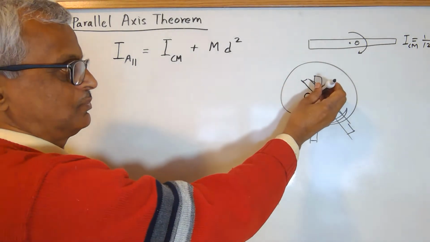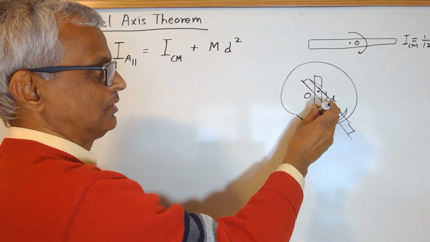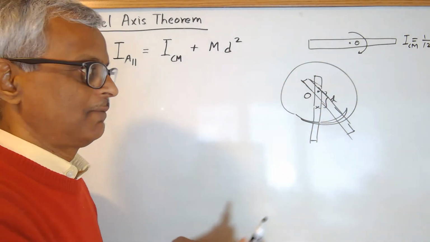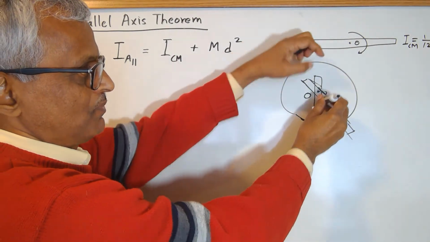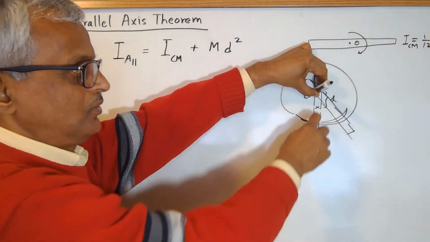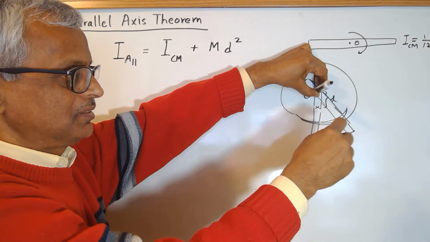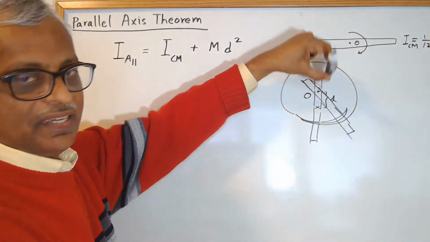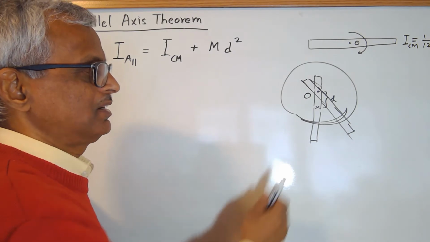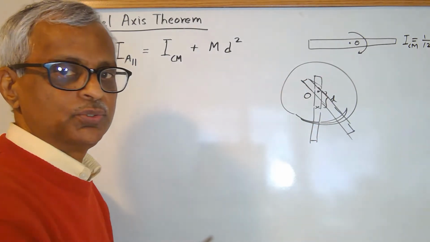So the axis is this way now. It's not at the center, and if you take another axis parallel to your original axis, the distance between them will be d. Okay, so what would you use now?